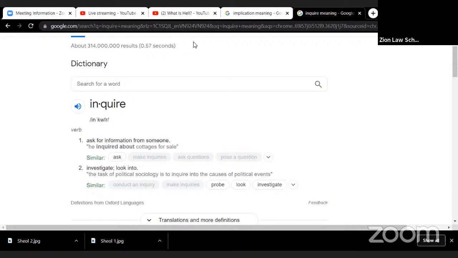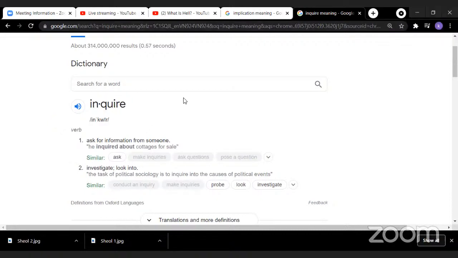It's on the bottom left side of the page. 7592. Okay, I have it.